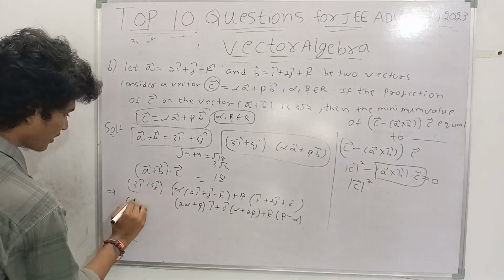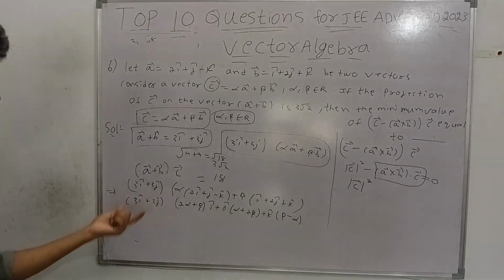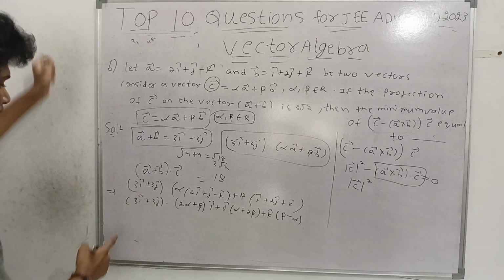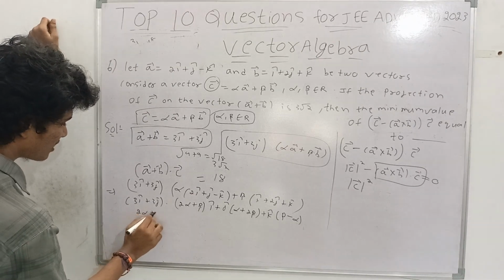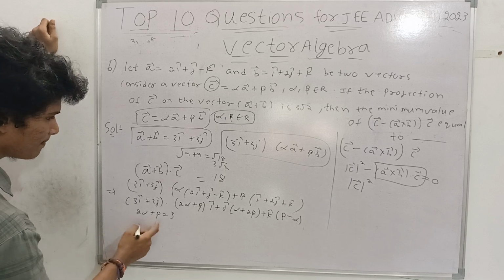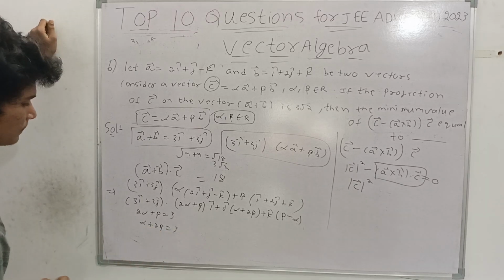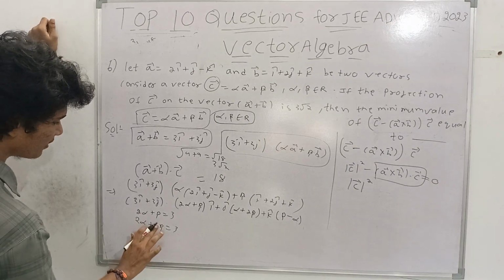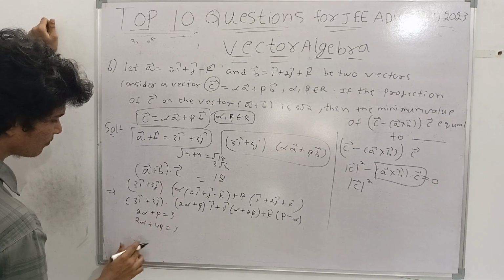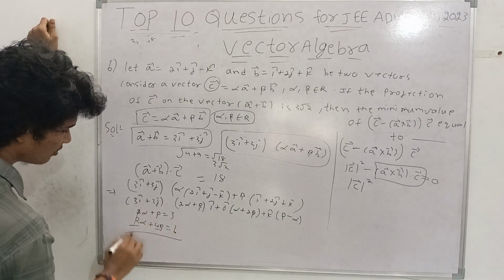And we have to do the dot product with 3i cap plus 3j cap. When I do the dot product, it is very clear that 2 alpha plus beta equals 3 and alpha plus 2 beta equals 3. So I am simply multiplying this thing and subtracting this thing.